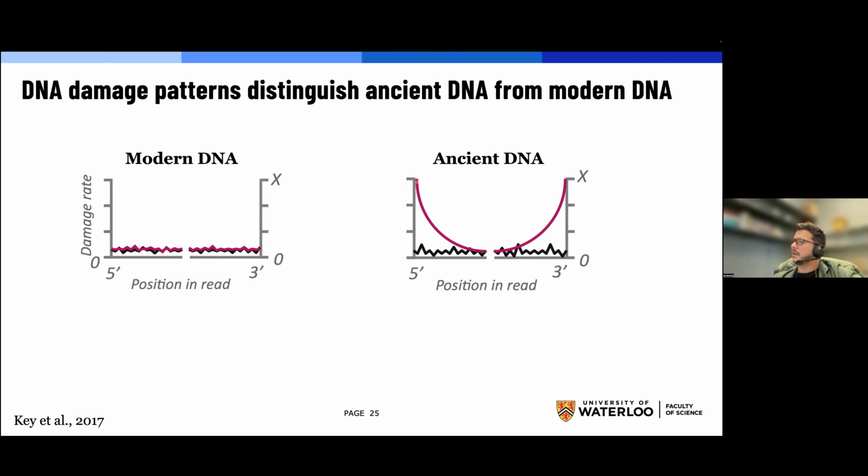In fact, the actual level of damage observed at the edges of reads can sometimes be used as a threshold to distinguish ancient and modern DNA. There's some debate over what that threshold should be, but one of the common thresholds is 10%. So if you observe 10% of errors at the 5' or 3' end, or a damage pattern at that level, that can signify ancient DNA.